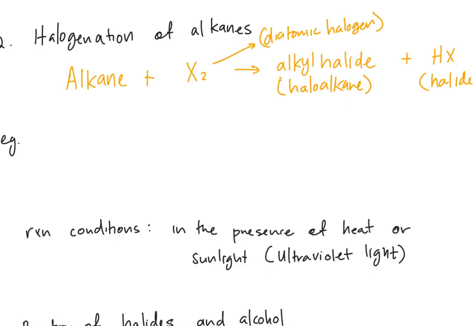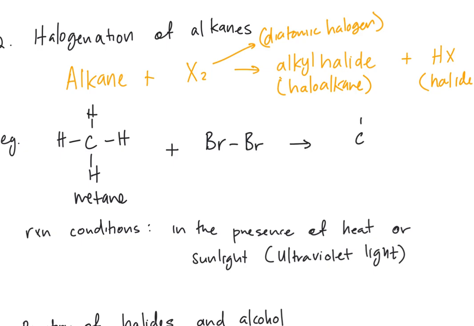So if we have a look at an example of halogenation of an alkane, I can start off with something simple. I must start off with an alkane. So let's say I start off with a basic alkane like methane, and I add that methane to diatomic bromine, and that should give me a haloalkane.